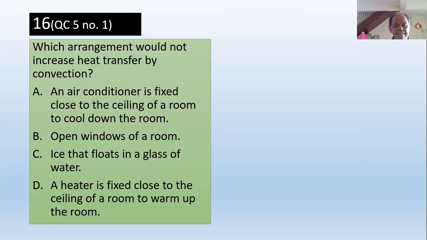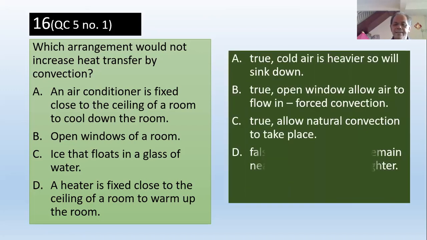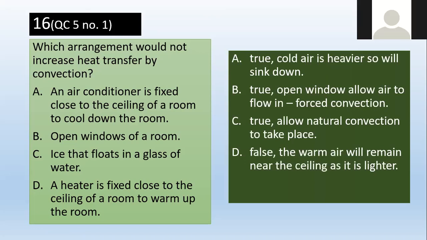So correct. A heater is fixed close to the ceiling. No, heater you must put on the ground, not ceiling, because it will heat up the air. Air expands, becomes lighter, moves up. So the wrong one is D. I put C. I forgot A and B were correct.